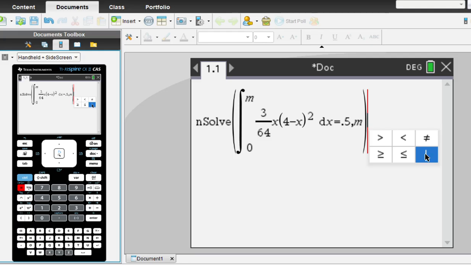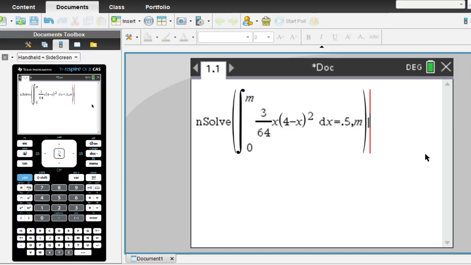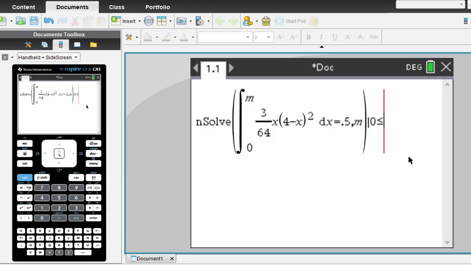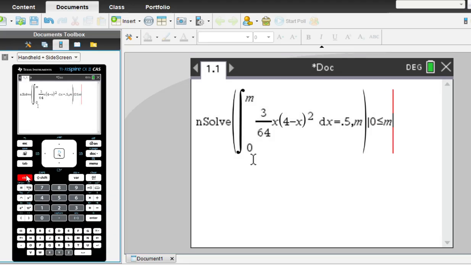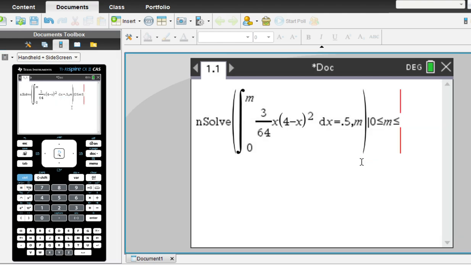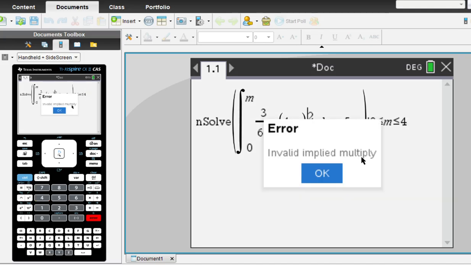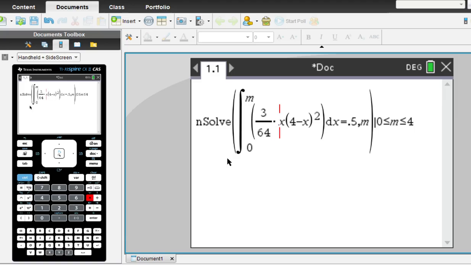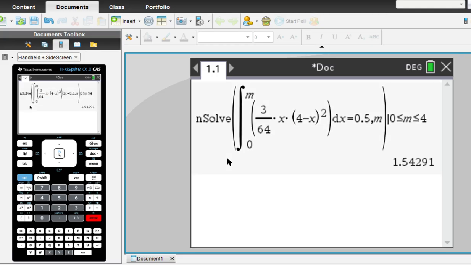So we want to restrict the solutions given that m is between 0 and 4. I hit enter, and there's something wrong with it. So let's have a look at this, between 0 and m. I wonder if it's something to do with little multiplication signs. Sometimes it wants those, doesn't it? Hit enter now, and there it is.